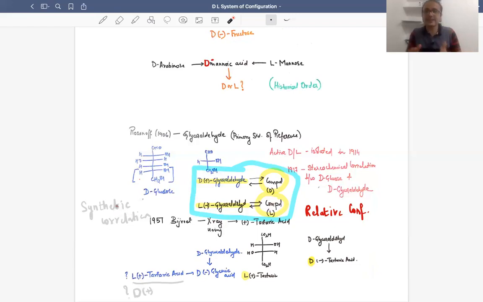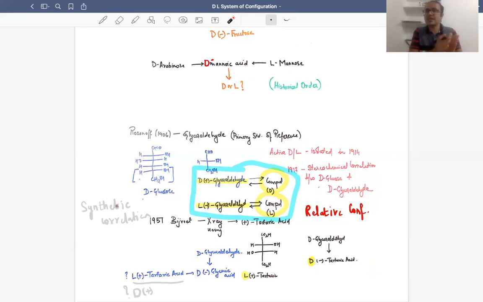And that is the reason why we are no more using D and L synthetic correlation to assign the configuration of stereoisomers. So what is left of the D and L configuration is just the structural comparison with the glyceraldehyde.